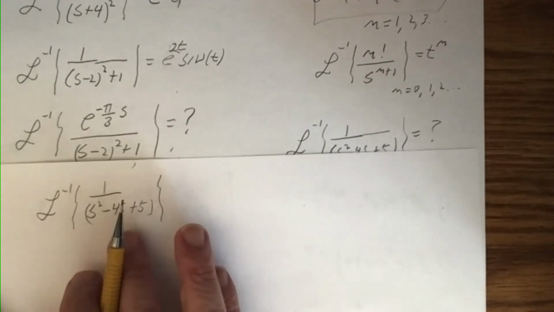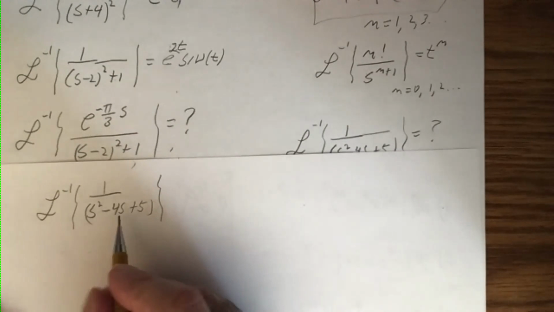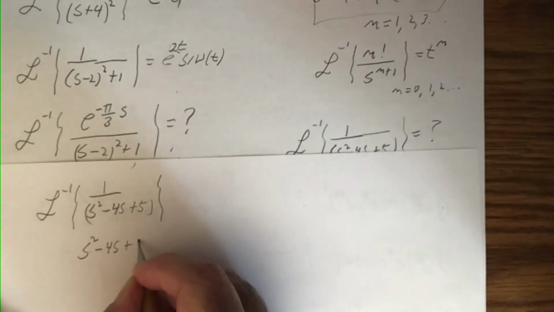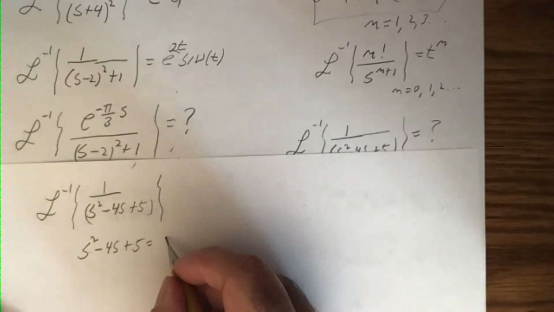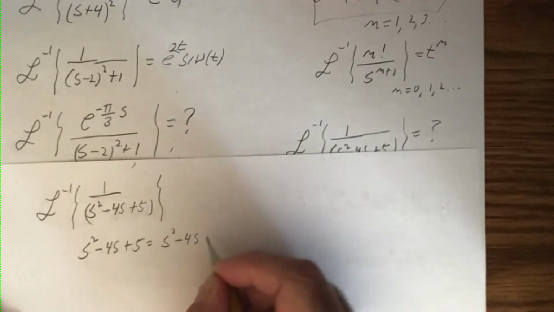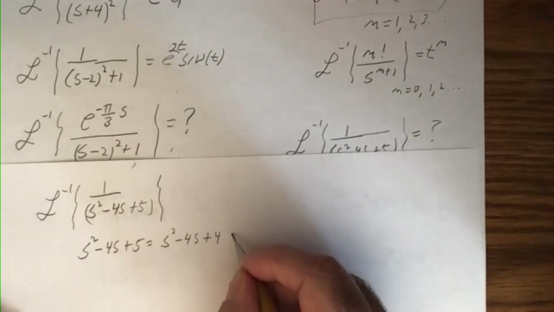So remember, when we complete the square, I divide this by 2, right? It doesn't matter if this is a minus sign, divide it by 2 and then square it. So I'm going to write this as s squared minus 4s plus 4, right?